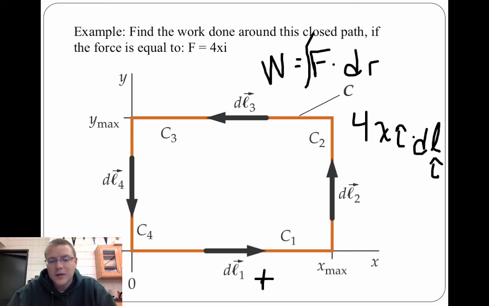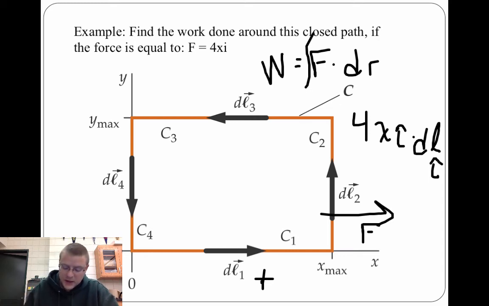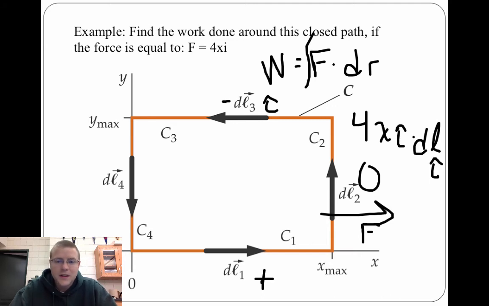If I do that for path 2, during path 2, the force is to the right again, and now the displacement is straight up. Those make 90-degree angles with each other, so no work is done here. If I look at the top path, this is in the negative i direction for our displacement. So 4x in the negative i direction now gives us negative work done over path 3.